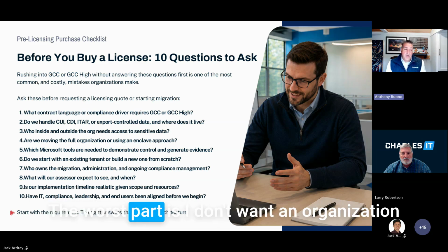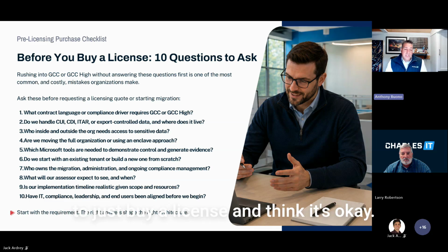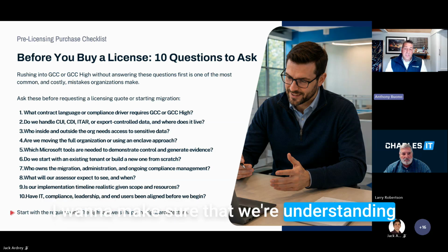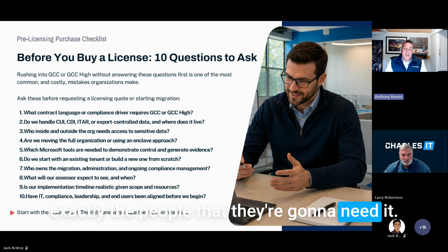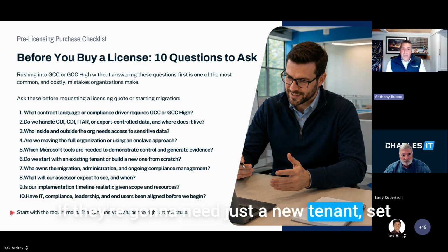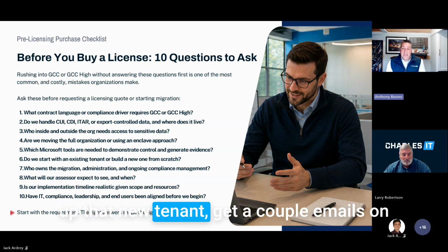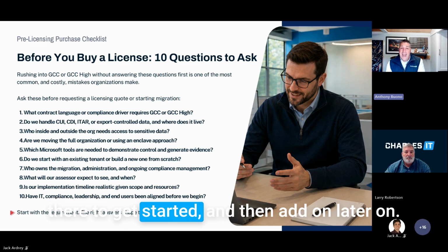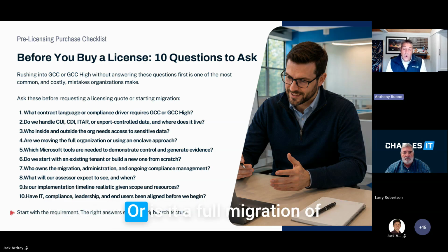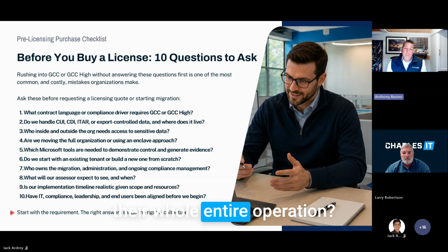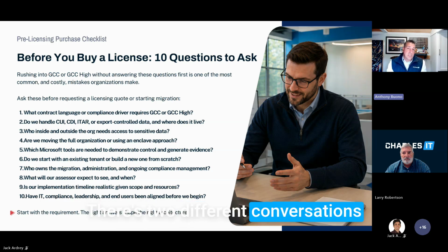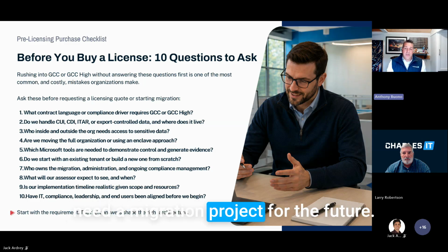The worst part is, I don't want an organization to just buy a license and think it's okay. I want to make sure that we're understanding exactly the people that are going to need it. If they're going to need just a new tenant, set up that new tenant, get a couple of emails on there to get started, and then add on later. Or is it a full migration of their whole entire operation? There are 2 different conversations there in regards to whether this needs a migration project for the future.